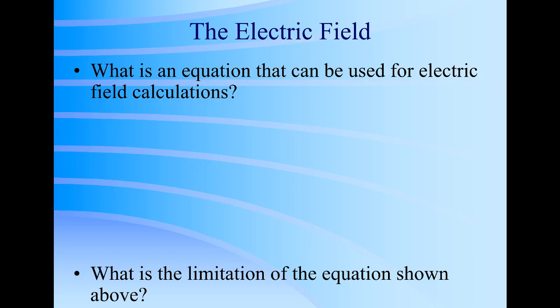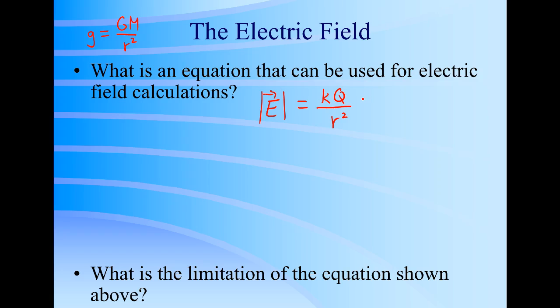Okay, so what equation can we use for electric field calculations? Well, similar to gravity, we had, as a reminder, g is equal to big G, big M over r squared. Similarly, the magnitude of the electric field is our constant k from earlier, Q over r squared.